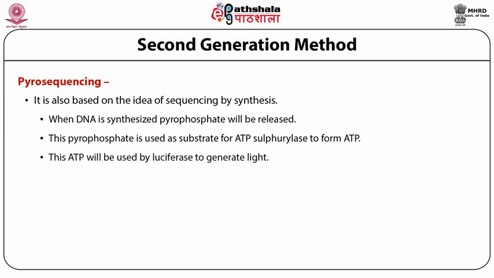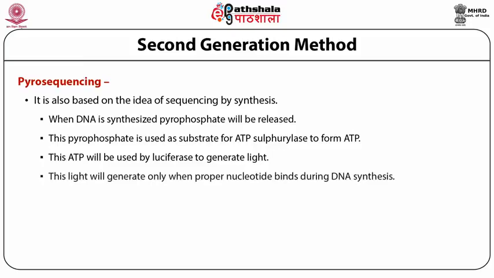This ATP is then used by the luciferase enzyme and will generate light. This light can be captured by a camera and that will indicate what kind of nucleotide is inserted at a specific position. So one nucleotide is added at one time. So this is the beauty of this technique.